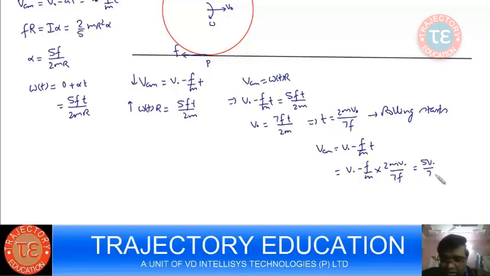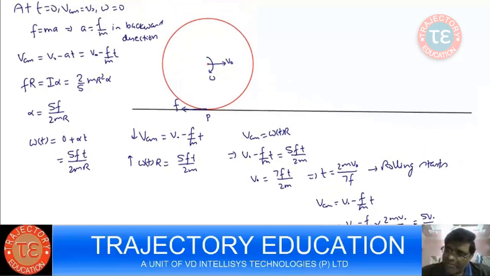So 5 v naught by 7 is the velocity when the solid sphere starts pure rolling. And of course, omega is going to be VCM by R, so you can just put the value over here: 5 v naught by 7r. That's going to be omega. This is VCM, and this is going to be omega.